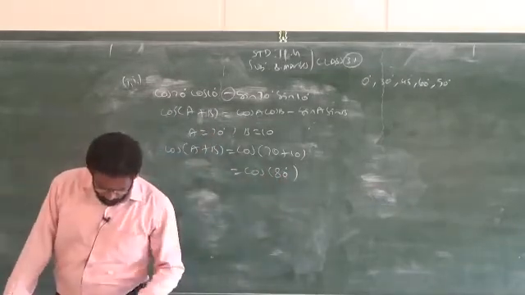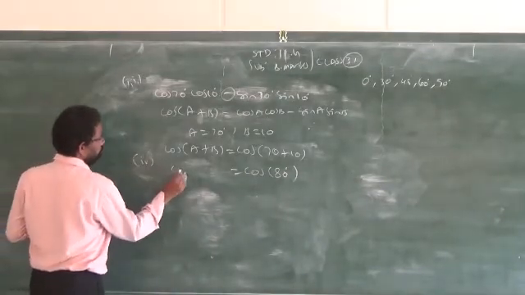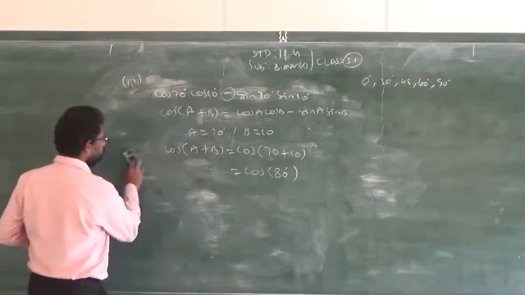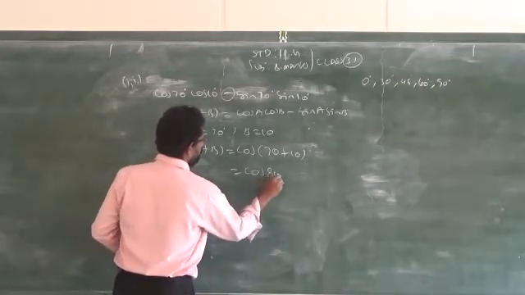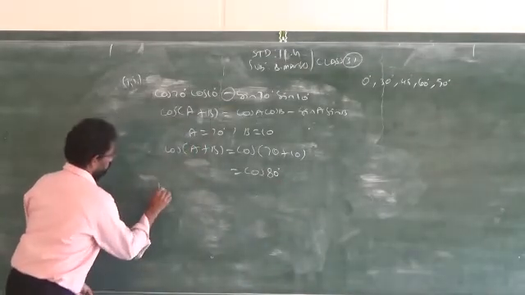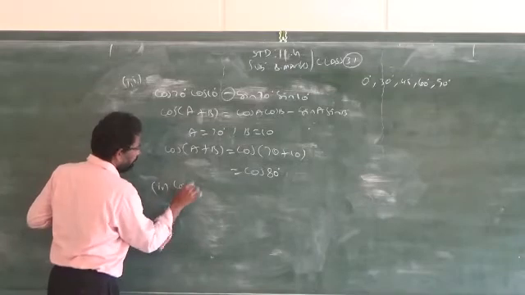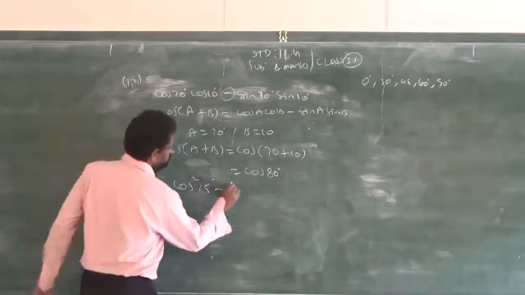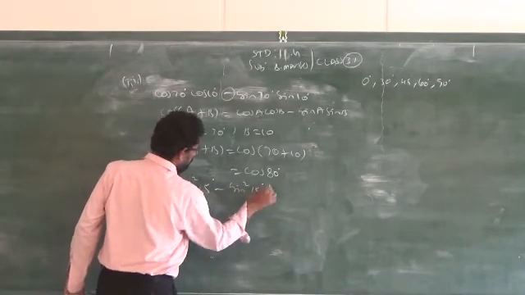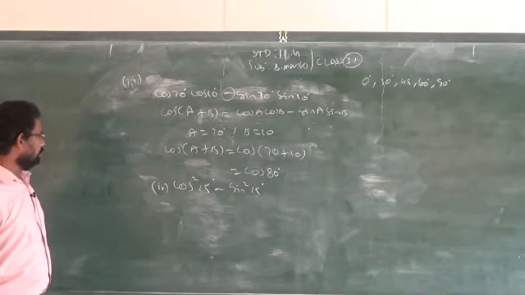Clear? So, you have to do sum number 4, cos square 15 degree minus sin square 15 degree.